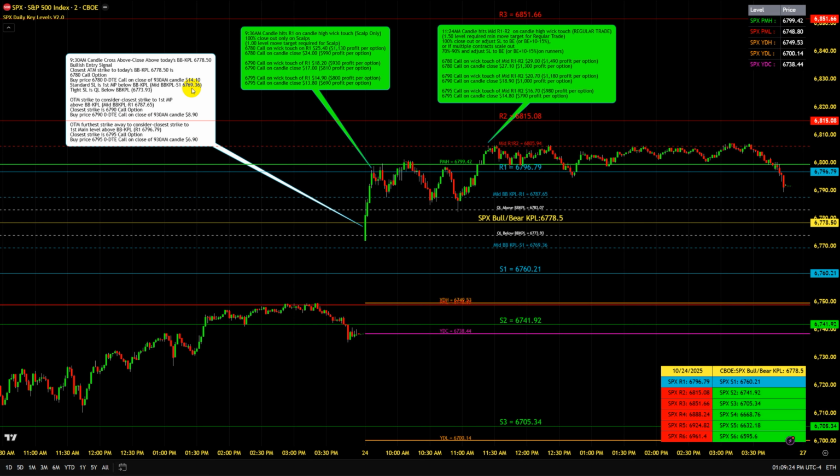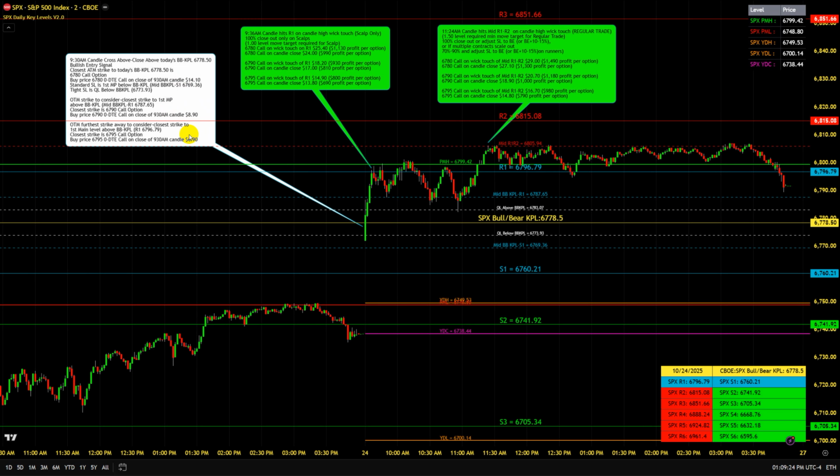As you can see here, the furthest out of the money strike is less than half the cost of this at the money strike, whereas the other option at $8.90 is about $520 less than the cost of the at the money. So as you can see, there is a significant price difference between them.